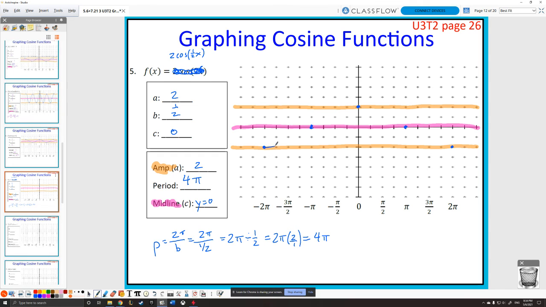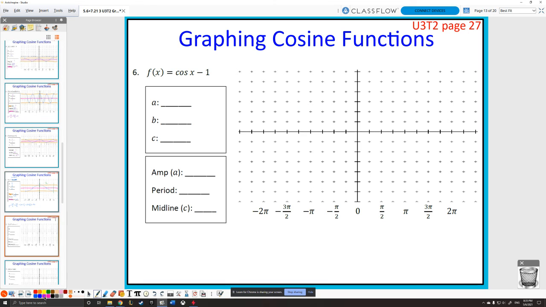So it looks something like this, a period of 4 pi. And notice something else here, right? My b value is 1/2. And indeed, this right here is half of a wave. It is not a complete wave, it's only half. So that's consistent.